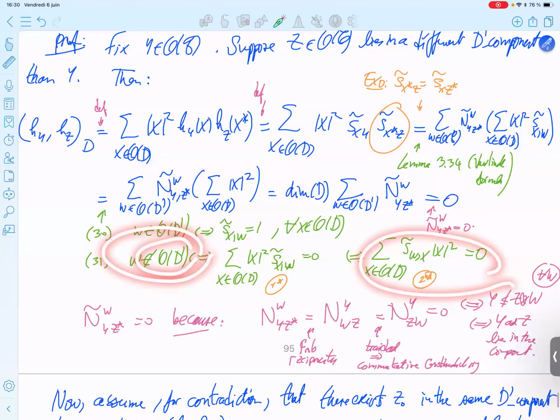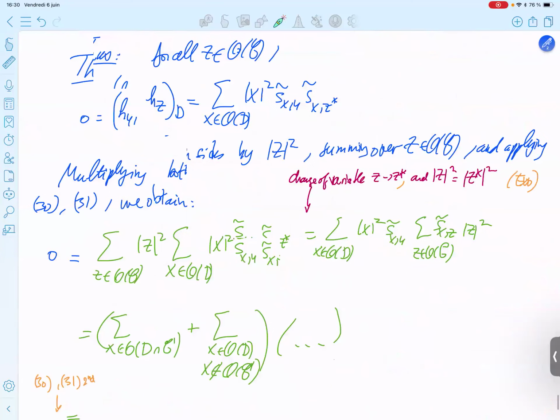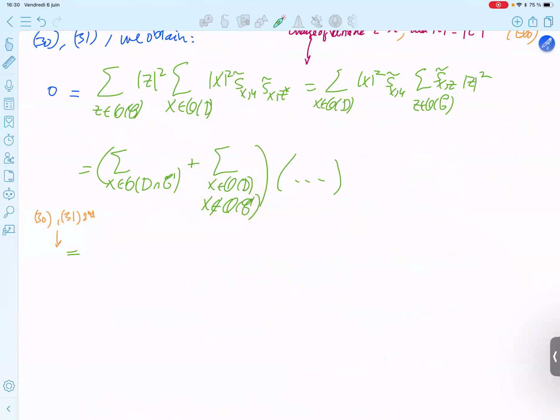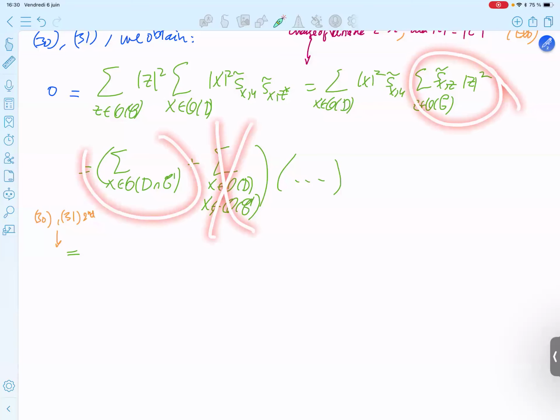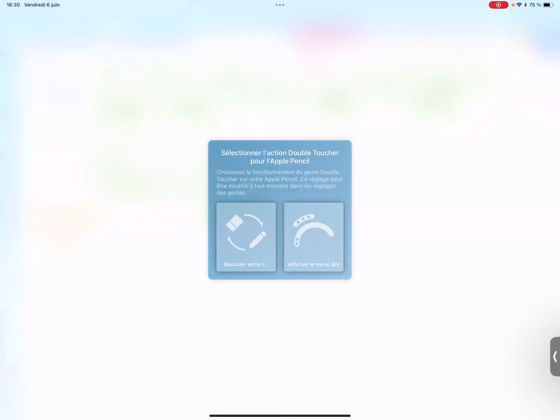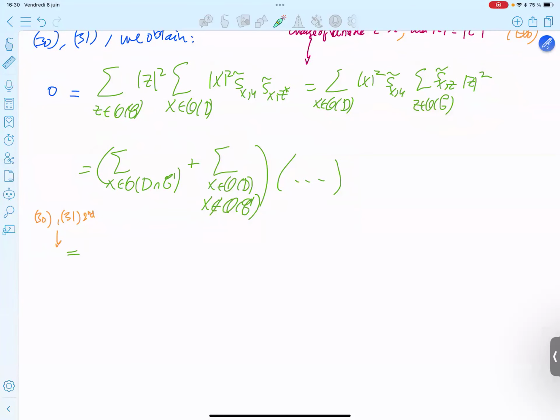So this component of the summand gives only 0, so you can remove that. Only this remains, and then it is in C prime. So you apply this one and you get 1.